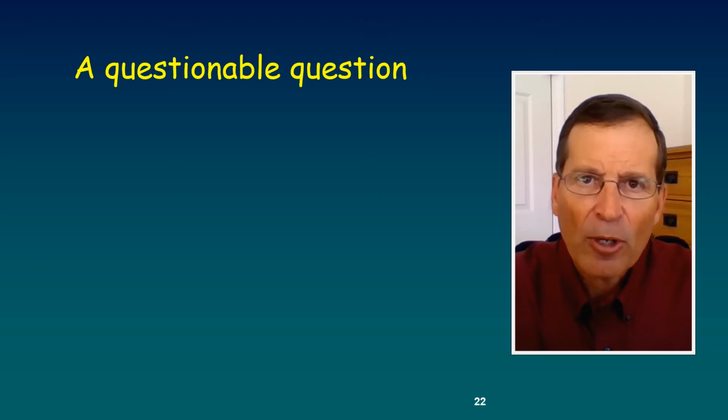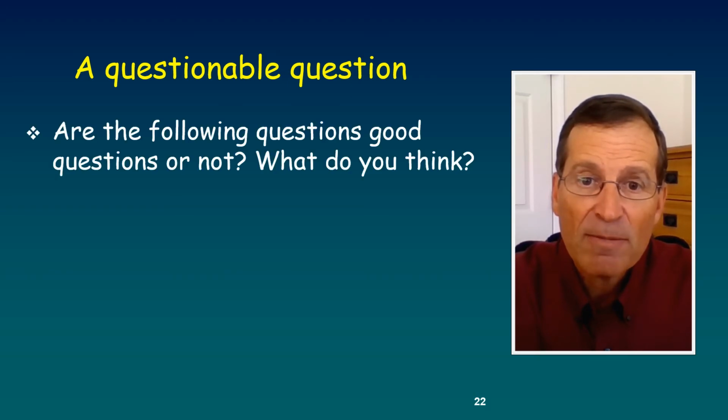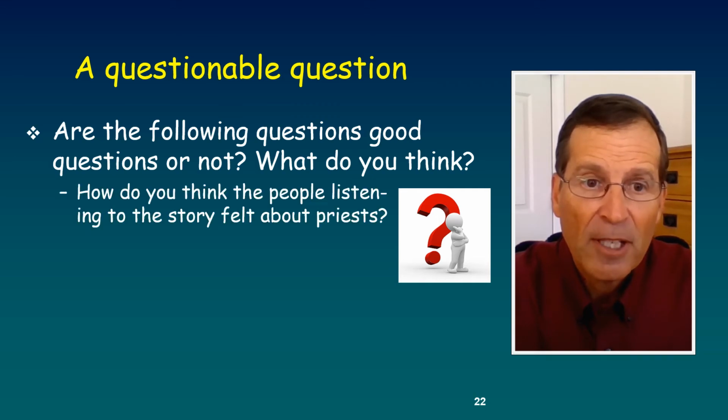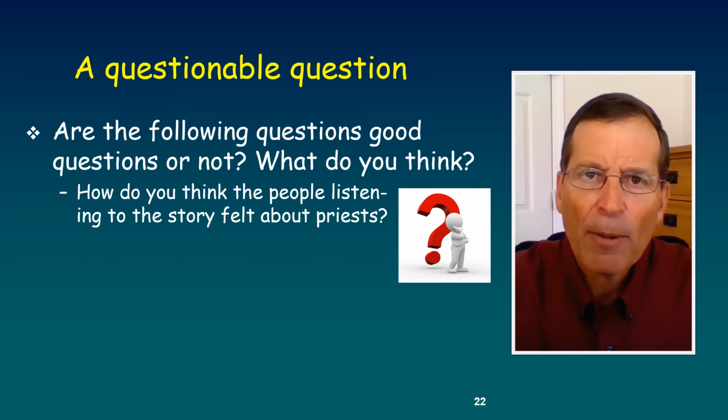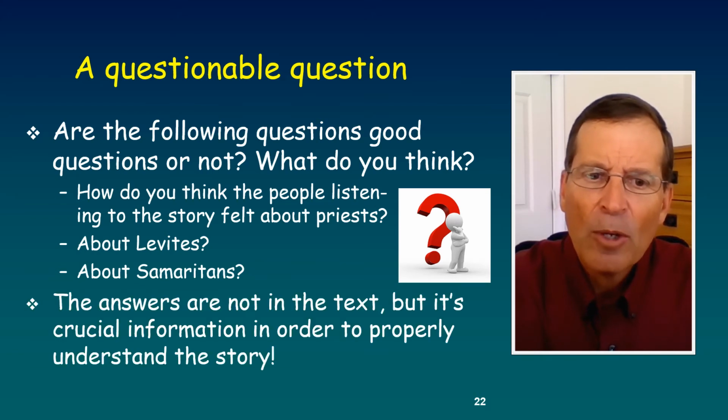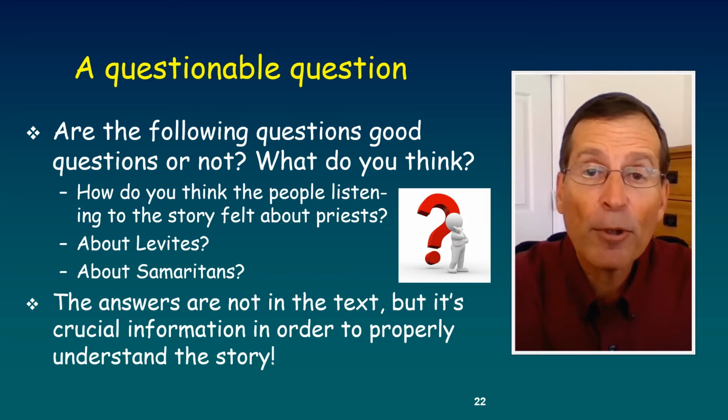Here are some other questionable questions. Do you think they are good questions or not? How do you think the people listening to the story felt about priests, about Levites, about Samaritans? Good questions or not? Well, the answers are not in the text, but it's actually crucial information in order to properly understand the story.